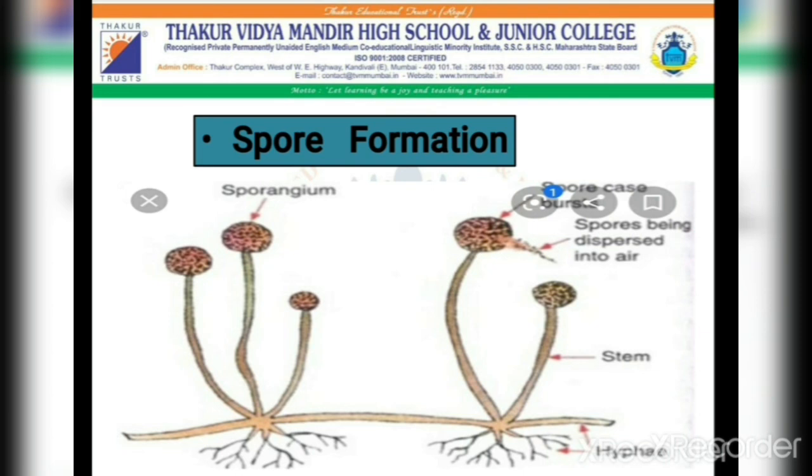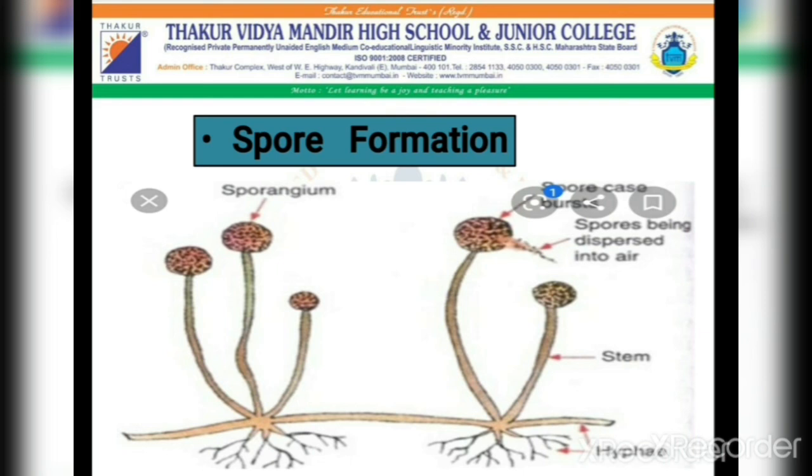And on the filamentous bodies, they have sporangia. Once the spores are formed, the sporangia burst. The bag at the top is called a sporangium. This sporangium bursts because the number of spores inside the bag has increased.